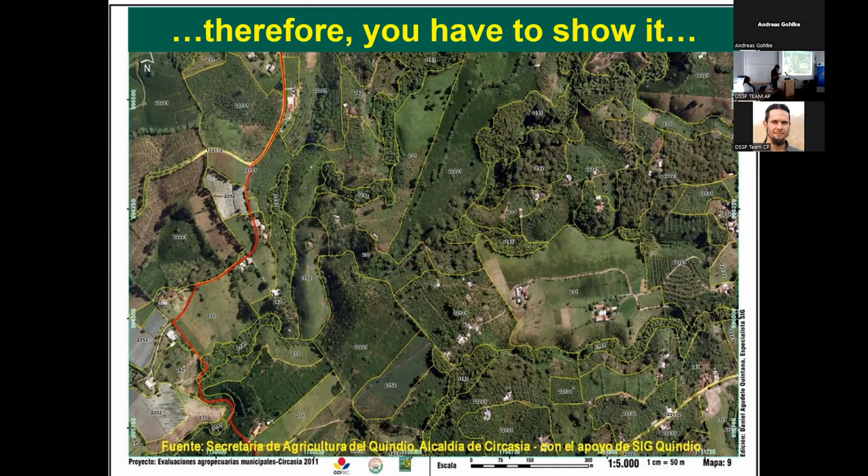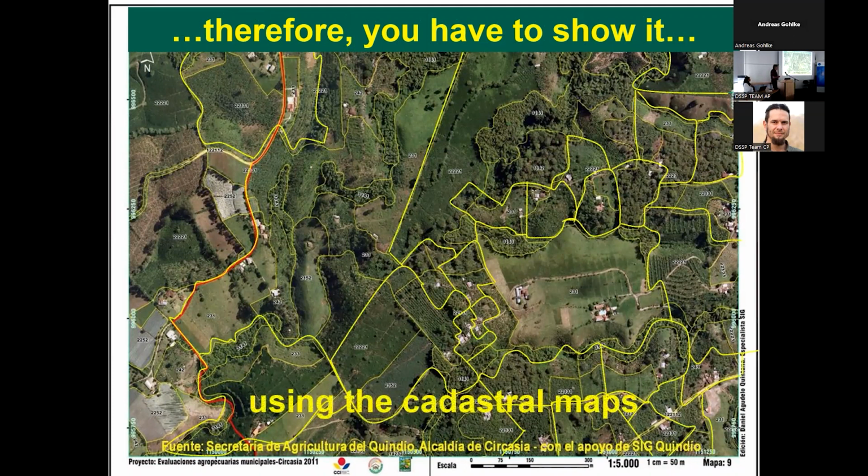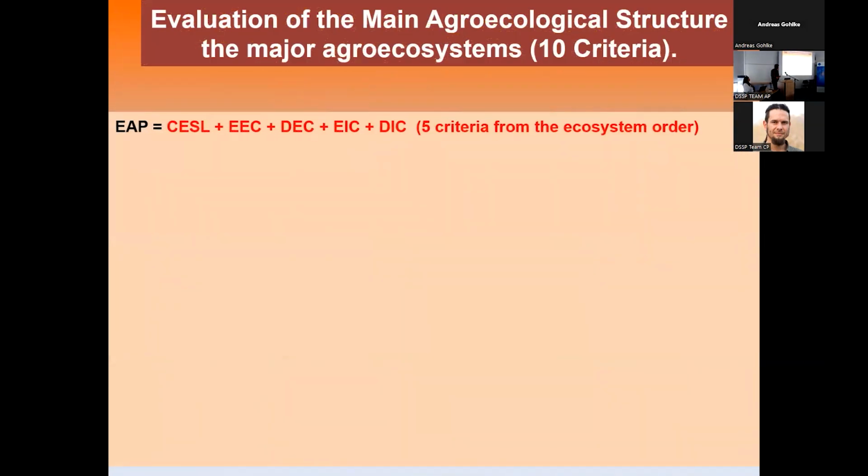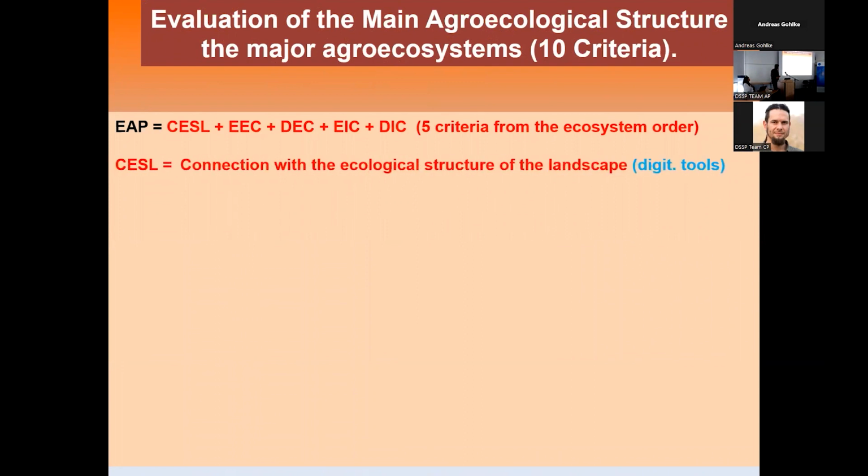This is work made by biologists in my country, showing some different kinds of coffee cover and other kinds of land and vegetation cover. But if you put the cadastral map over it, immediately the way of reading the landscape changes in a very significant way. So we measure 10 criteria.